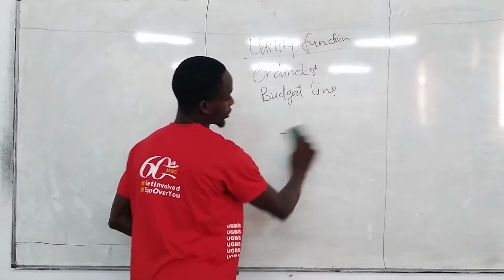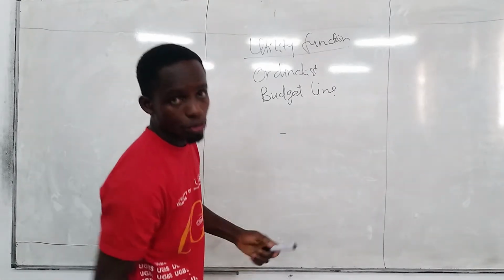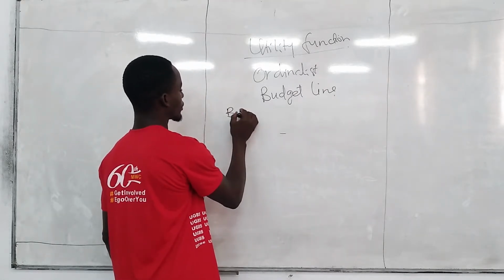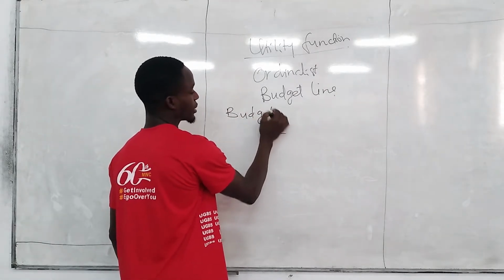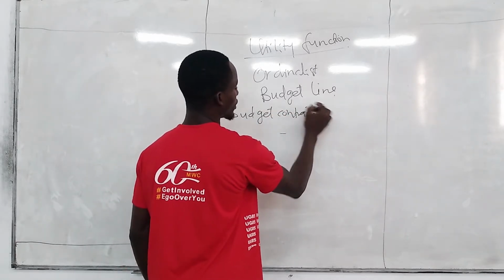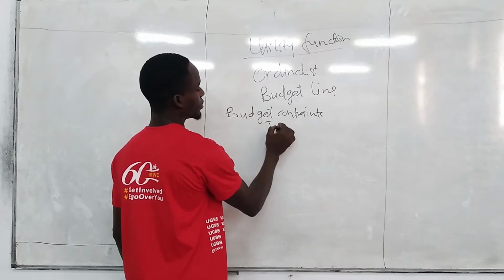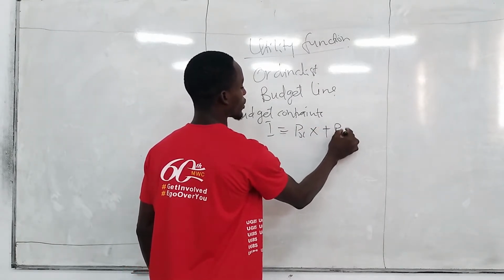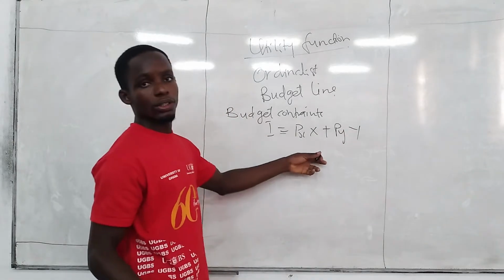So that is all for budget line. You should know your budget constraint. Let me just repeat that again. Budget constraint: income equals price of X times quantity of X plus price of Y times quantity of Y. You should know this.